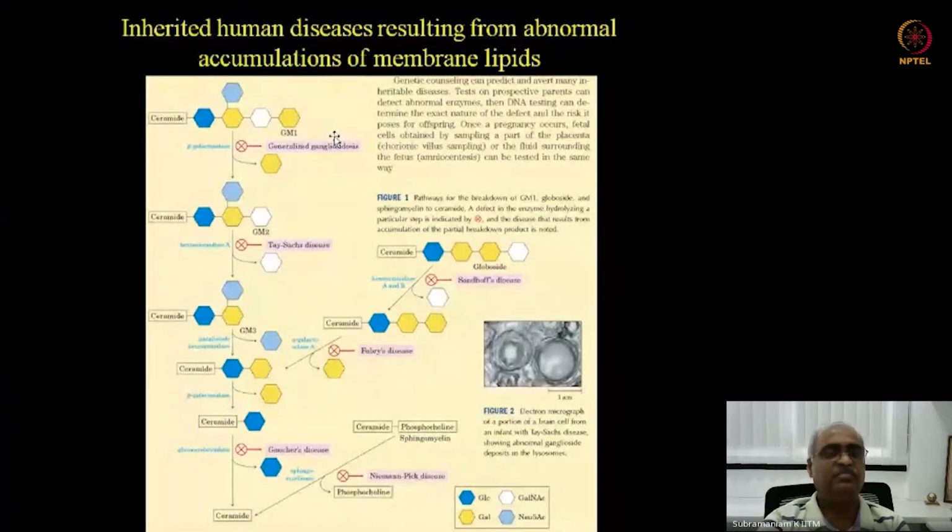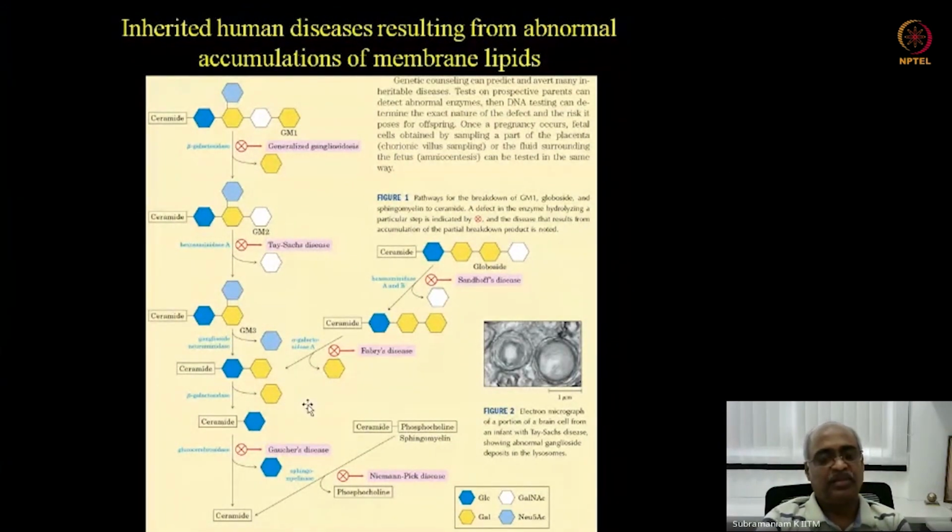gangliosidosis. Okay. And similarly, in another pathway where you have a problem, the next step actually, you have Tay-Sachs disease, and so on. At each step, if that particular enzyme is mutated, you have a particular disease because of the failure to metabolize these molecules.